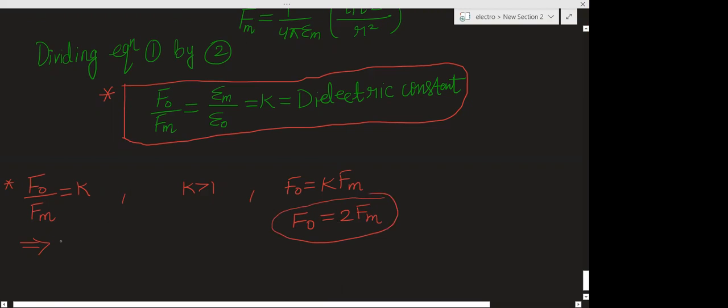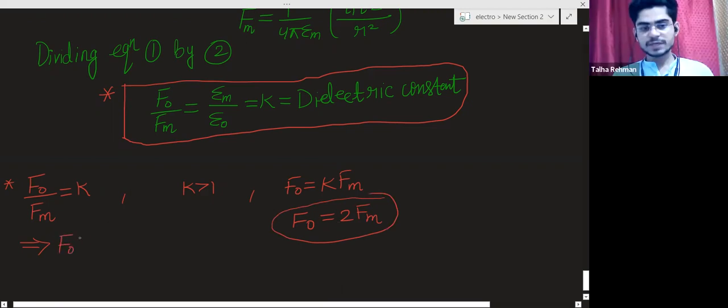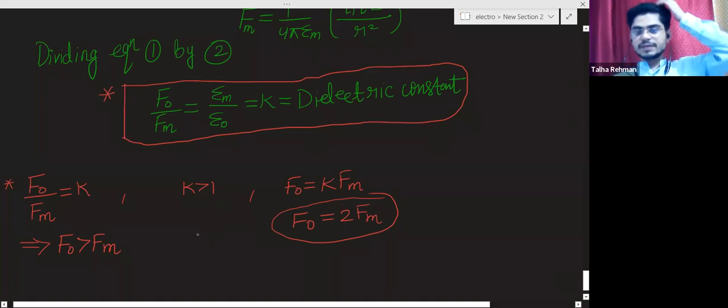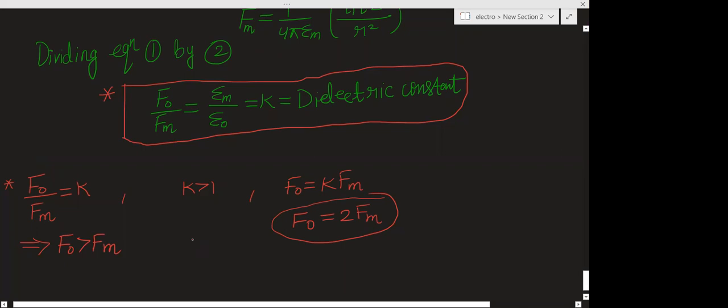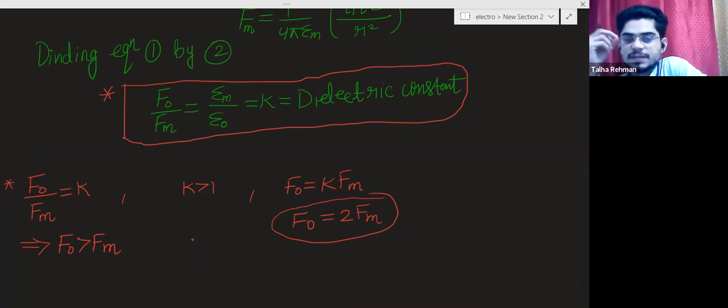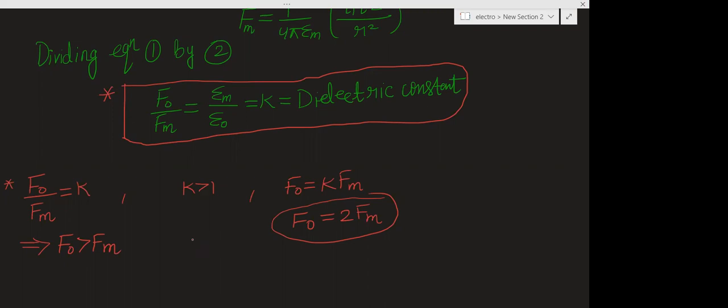So we can say F naught will always be greater. We can also say the force of interaction is always greater in air.